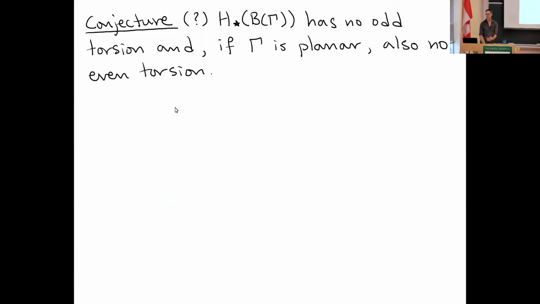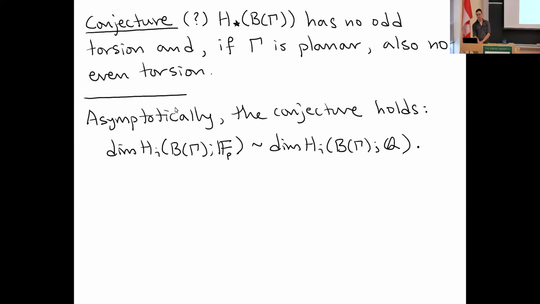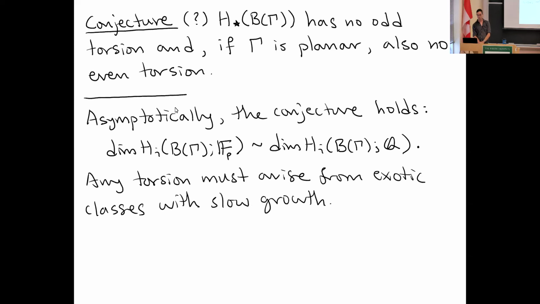We haven't found it. And if the graph is planar, no even torsion either. People also conjecture that the homology of ordered configuration spaces has no torsion at all. But this is just wildly out of reach of any computations that we have. And as Alex mentioned, asymptotically, the conjecture is true. So any torsion must arise from exotic classes that we don't understand that have slow growth.